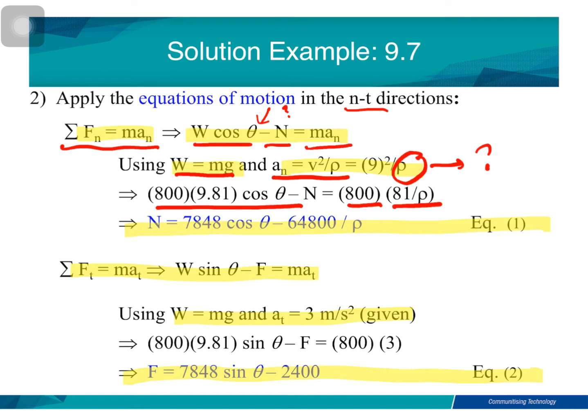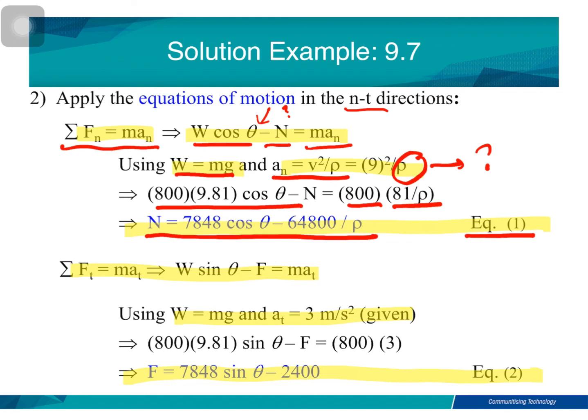You arrange the equation to get N. So N is equal to 7,848 cos theta minus 64,800 divided by rho, which becomes equation 1.